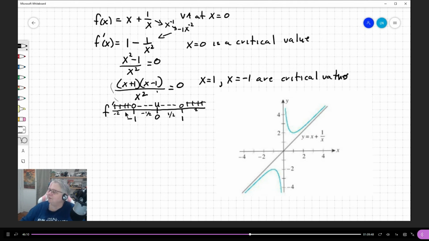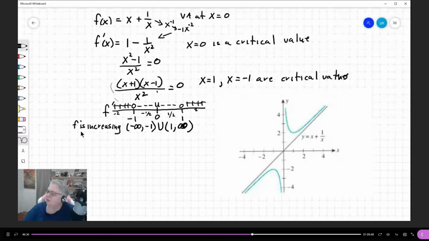But if we look at the behavior of the function based on what I have here, the function f is increasing from -infinity to -1, not including, and from 1 to positive infinity. f is decreasing in between -1 and 1, but not including 0, because it's undefined at 0.